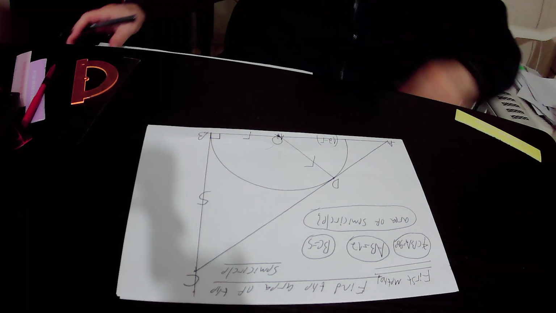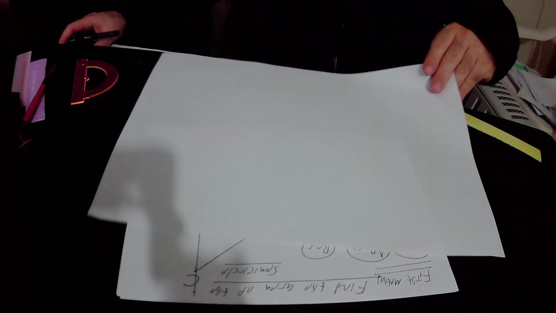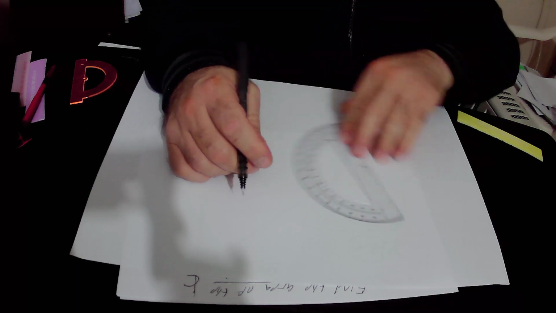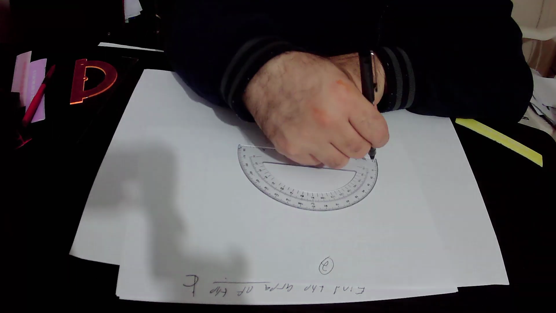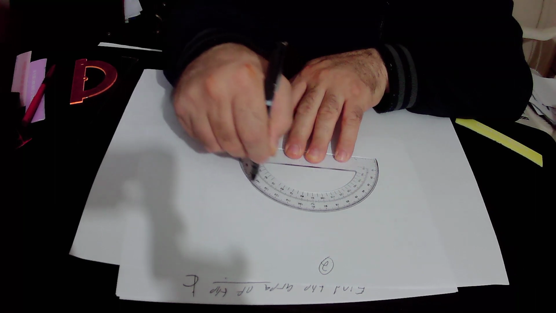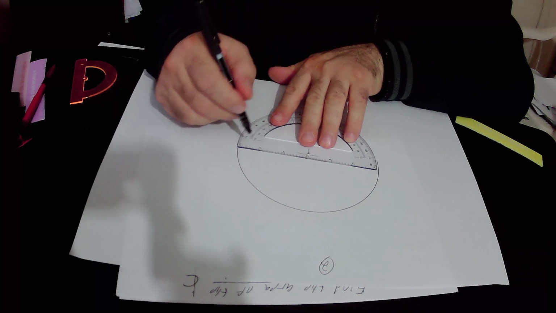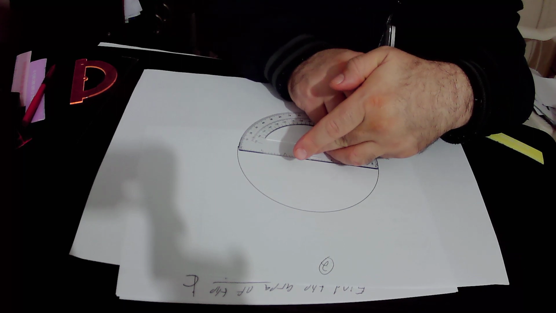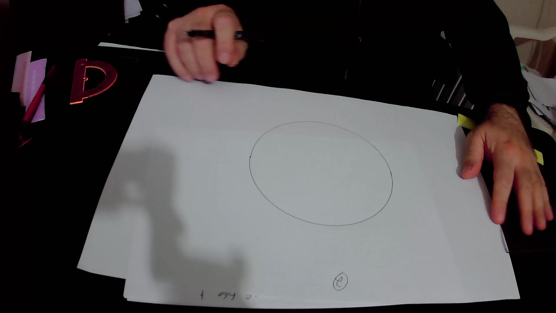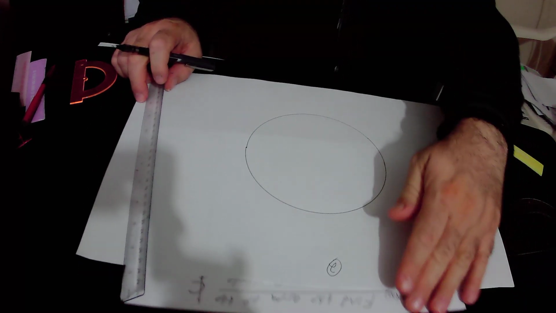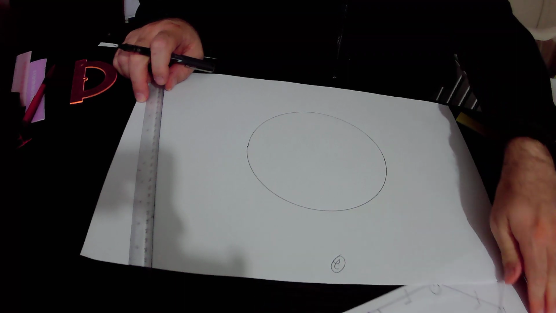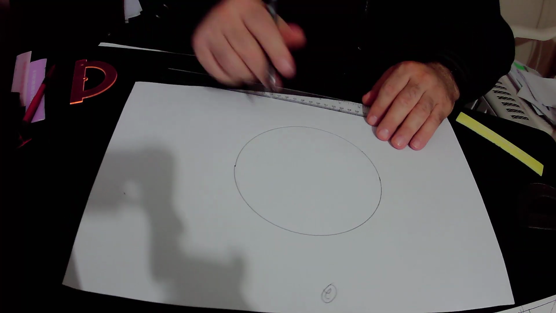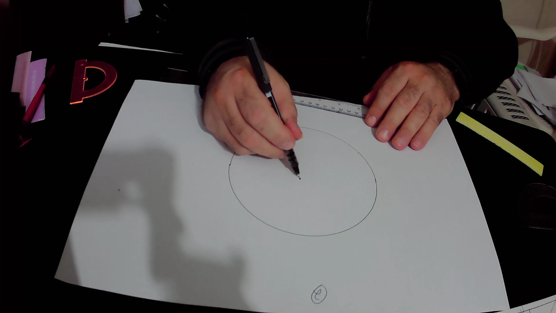The meaning of rule number 1 is that if we have a circle and we have a radius of this circle, this is the center of the circle.